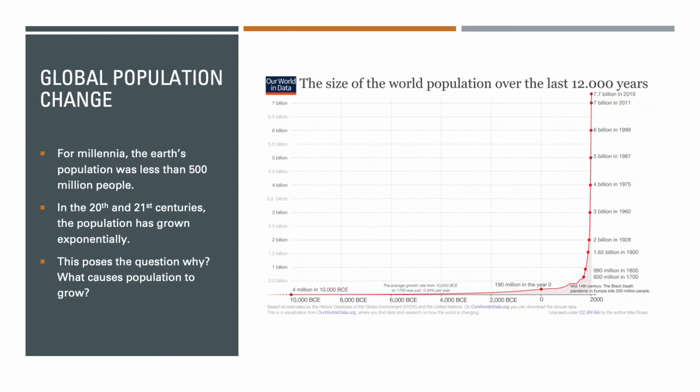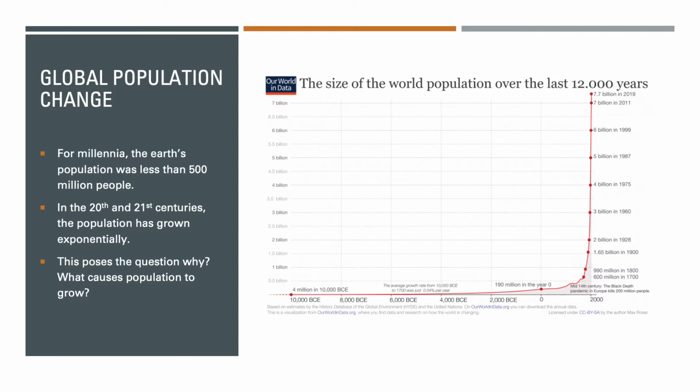And you can see that the population of the world stays really slow. So for millennia, there were less than 500 million people. By the year zero, there was only 190 million. And we didn't really reach 1 billion people until after 1800.